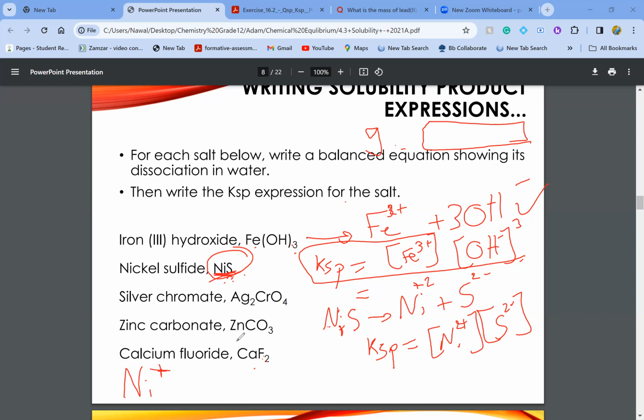Silver chromate? Let me check. Where did you get silver chromate? Let me do this, I could have made a mistake, I'm not sure. Who did it?